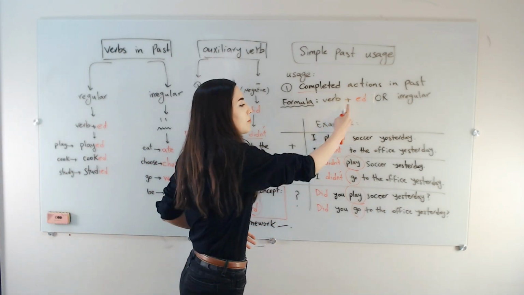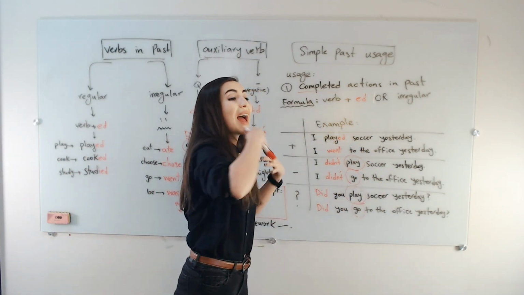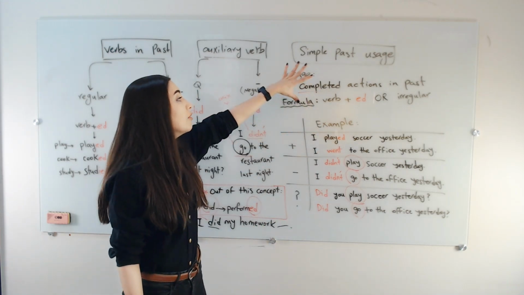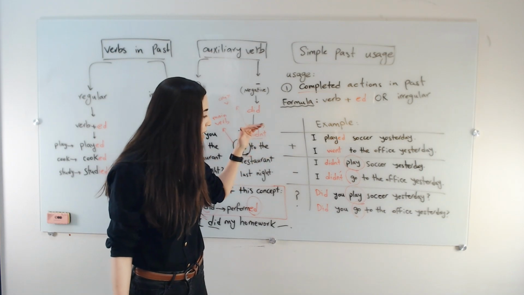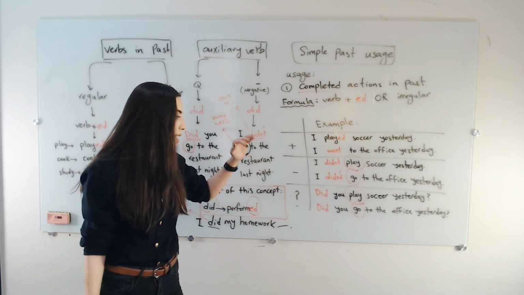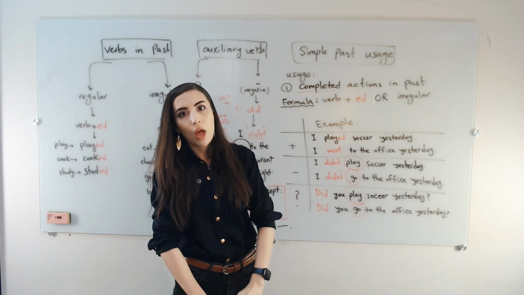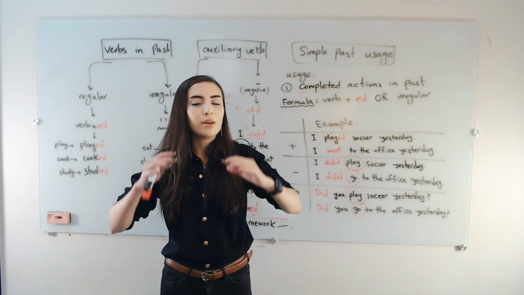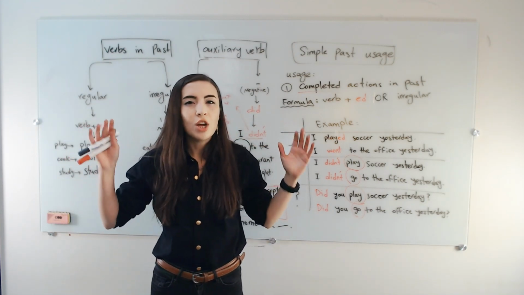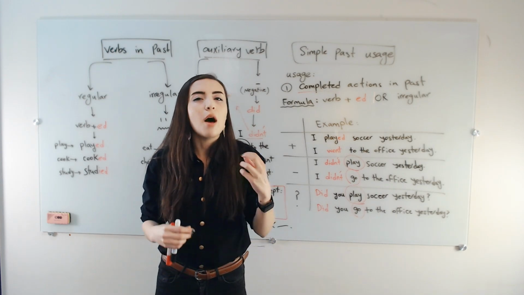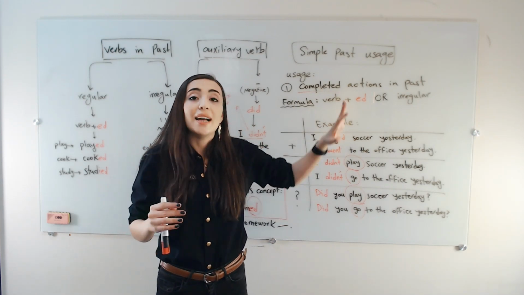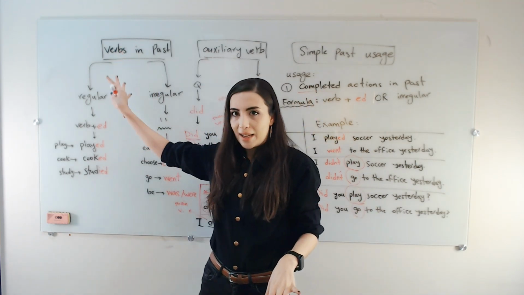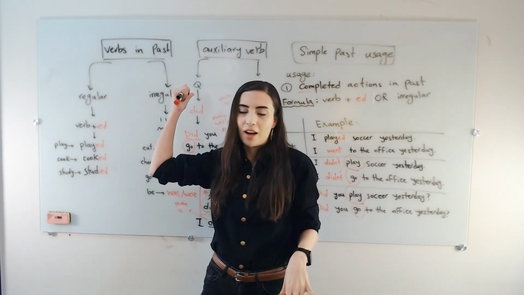We provided some examples in order to have a better understanding of these formulas in context, in positive sentences, negative sentences, and question form. I hope that now that you have watched this video, you have a more comprehensive and better understanding of simple past, the conditions in which we use it, and the way we show the verbs and the auxiliary verb.